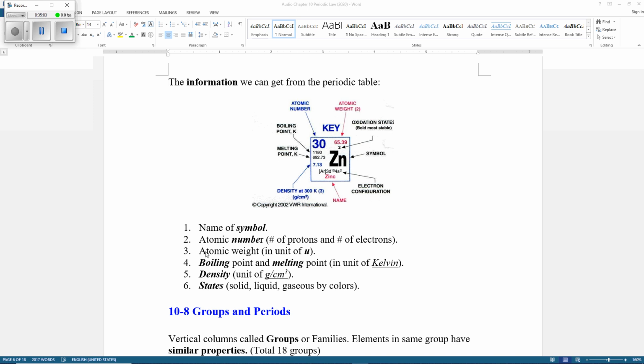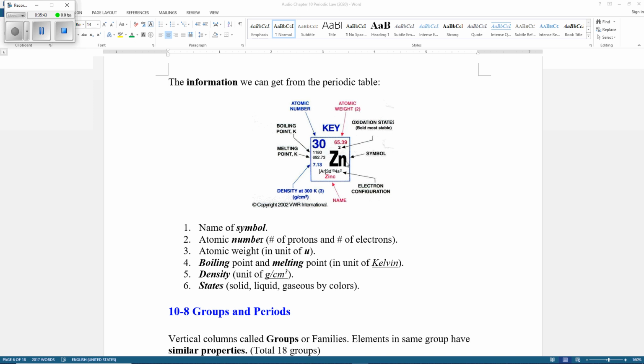Now the third one can tell you the atomic weight, the weight of one single atom, and the unit is U. This is the only thing not given. You need to remember. So where you can find the weight, right here, 65.39 U. The unit is U, and remember that's atomic mass unit. 65.39 U.